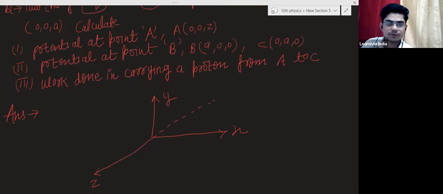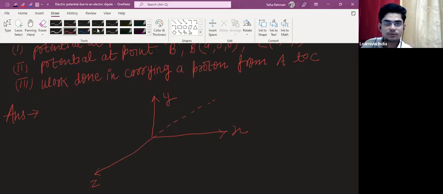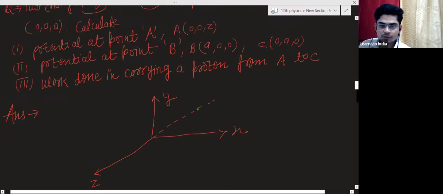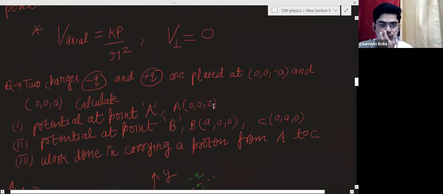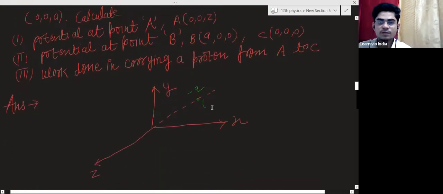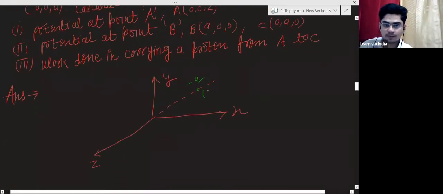So we will use a different pen color. Here the minus q charge is placed, and the coordinate of this is 0, 0, minus a.